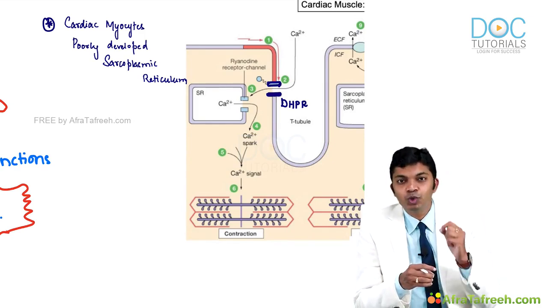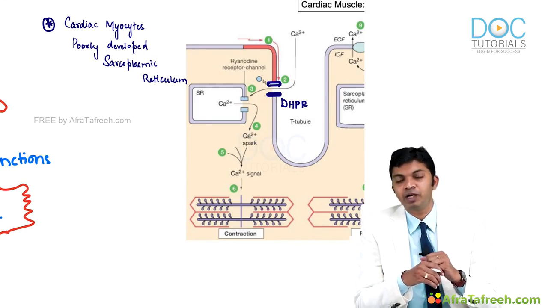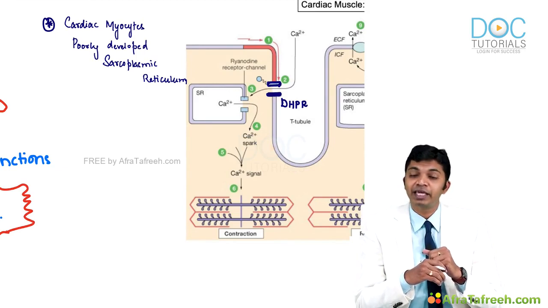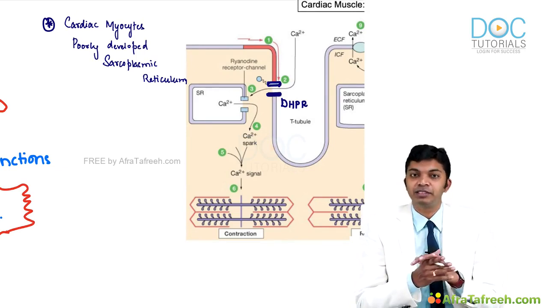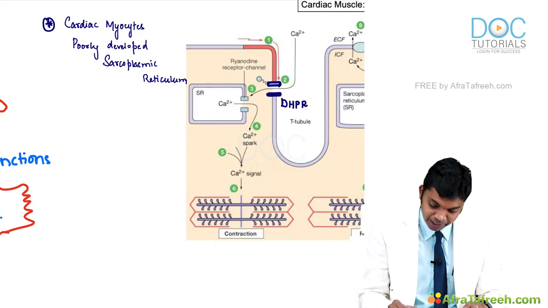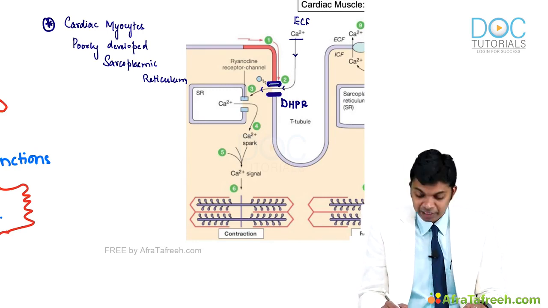So, to get that extracellular fluid calcium, we have a separate kind of channel on the T tubule called the dihydropyridine receptor, that brings calcium from the ECF in a greater quantity into the cytoplasm than happens in a skeletal muscle. So, calcium from extracellular fluid enters the cardiac myocyte through dihydropyridine receptor channels.